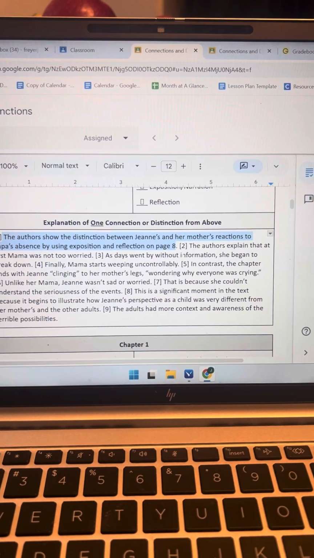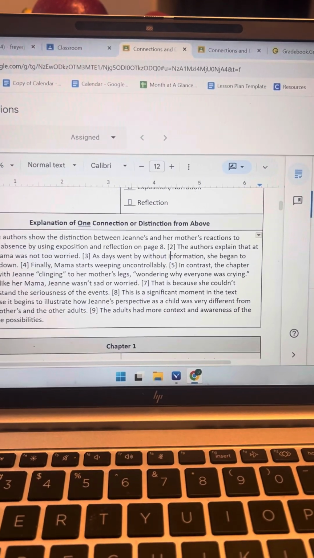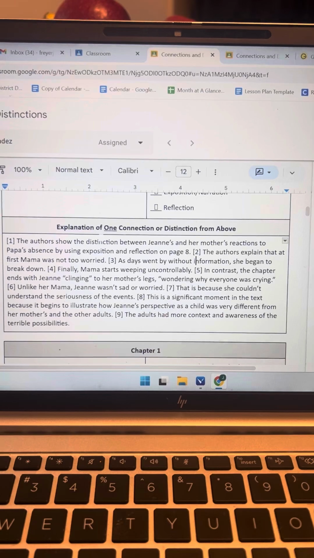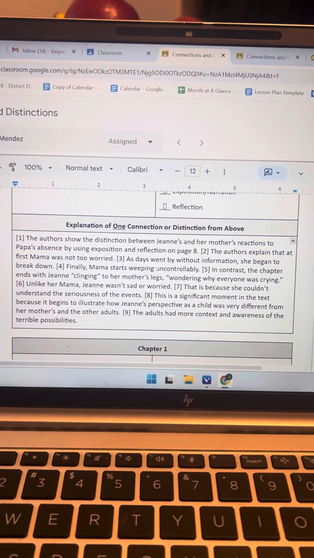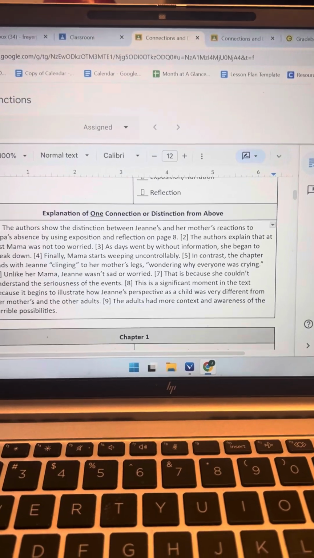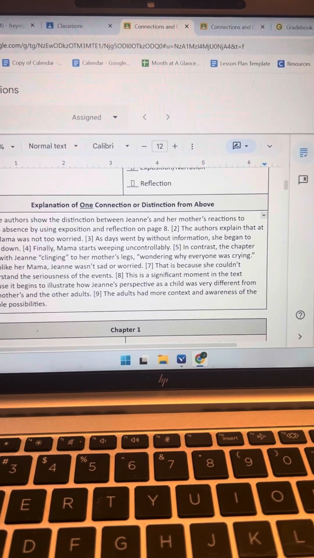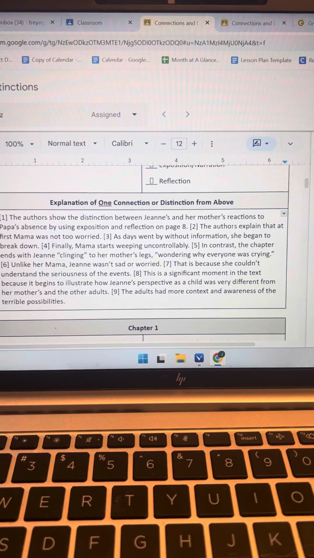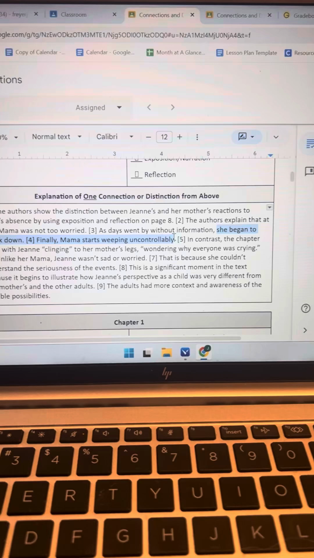So we're taking all of the information we have from up here, and we're plugging it in for that first sentence. For the next sentence, you're just describing how Jean and her mother's reactions are different, since we're talking about a distinction. Again, that word distinction just means what's different. So, Mama was not too worried, but as the days went by without information, she began to break down and started weeping uncontrollably.